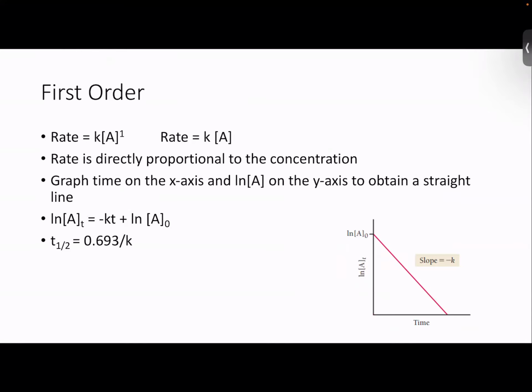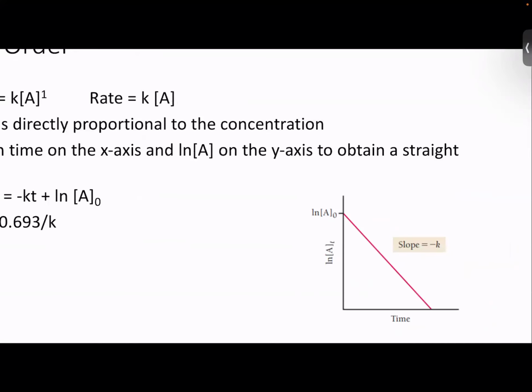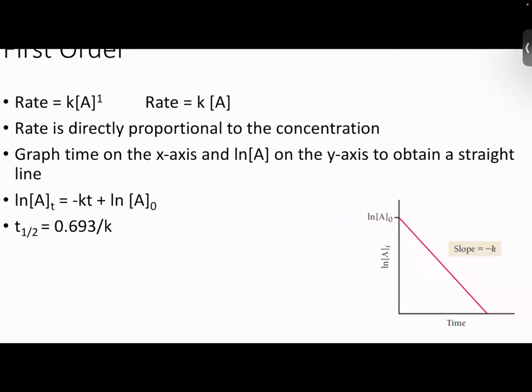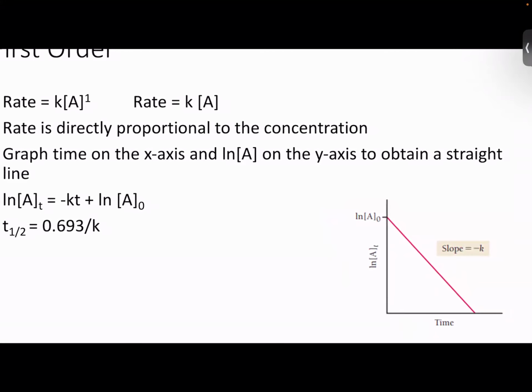If it's first order, that means our rate law, as already explained, would be equal to the rate constant times the concentration of the reactant raised to the power of 1.